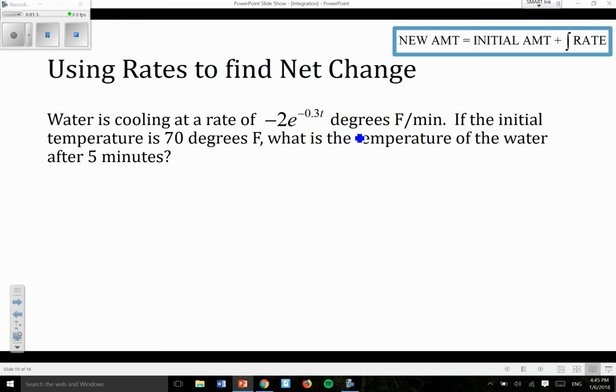Water's cooling at a rate of -2 e to the -0.3 t degrees Fahrenheit per minute. I know the initial temperature is 70 degrees Fahrenheit, and I want to know what's the temperature after 5 minutes.